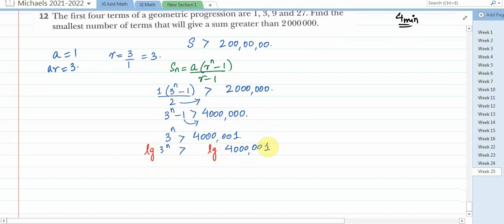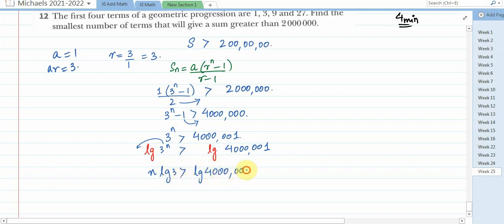You can simplify it, but before that, the property of log is that it can extract the power, so n log 3 is greater than log 4,246,913. You can find out the value, so log of 4,246,913 divided by log 3, so you get your value of n, which is greater than 13.83.